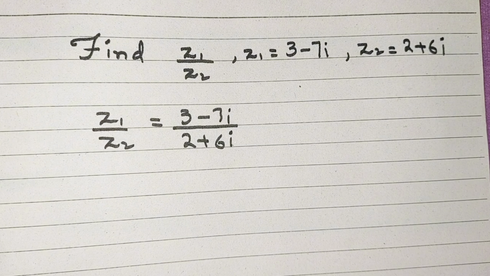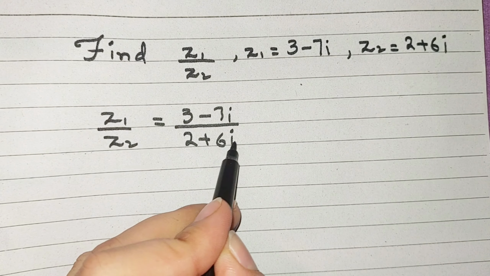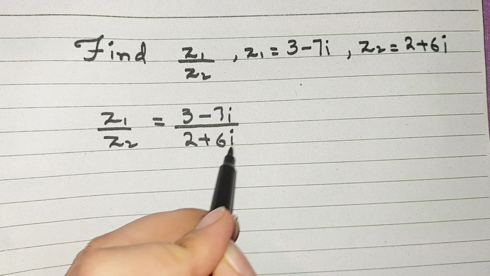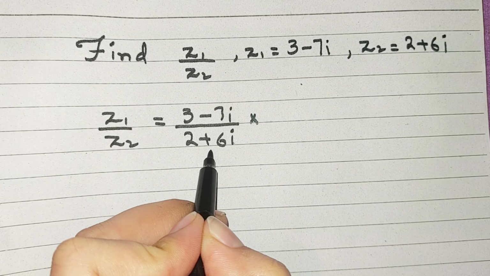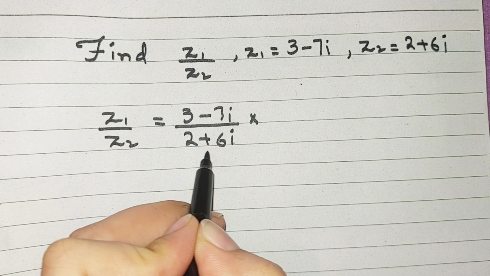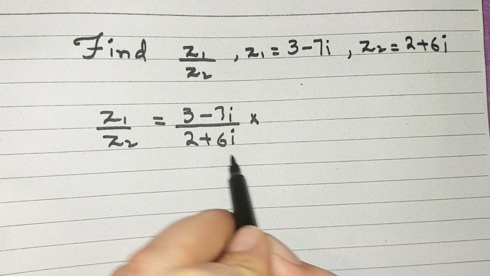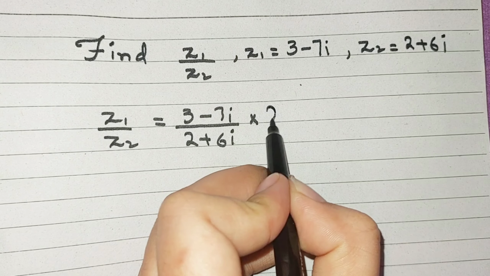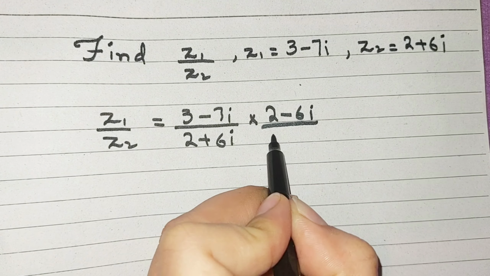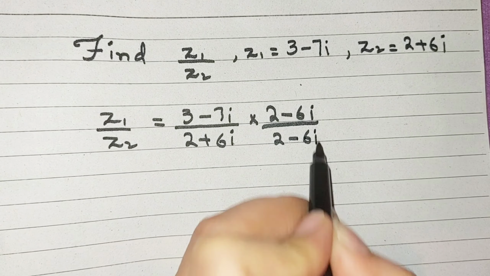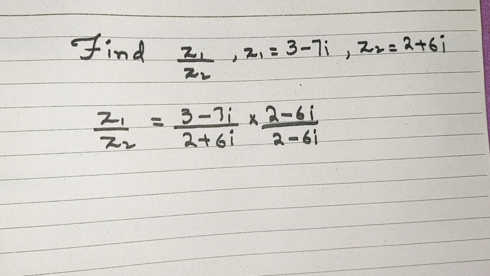What is rationalization here? We will divide and multiply by the denominator, but we just change the sign in between. Here it is positive, so we will convert this into negative. That means 2 minus 6 iota is getting multiplied and 2 minus 6 iota is also getting divided here.